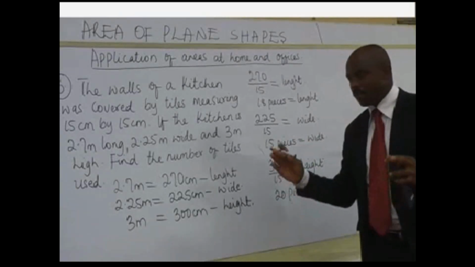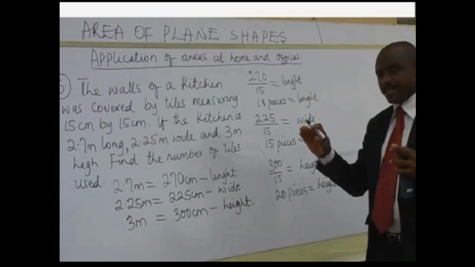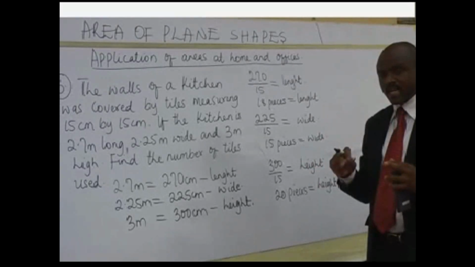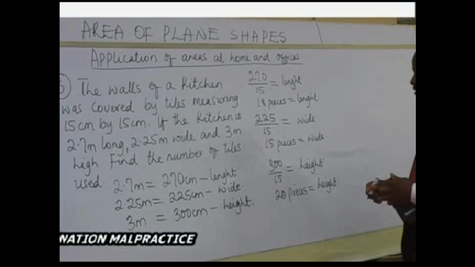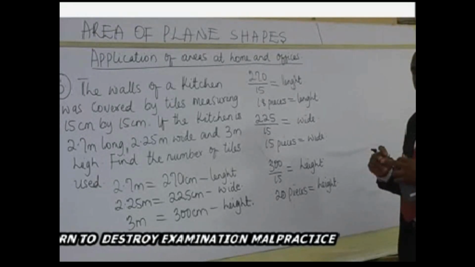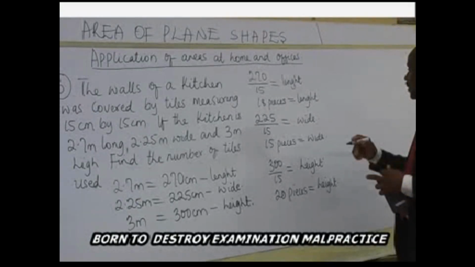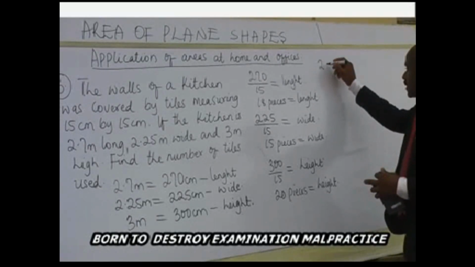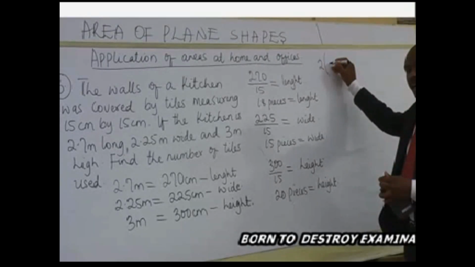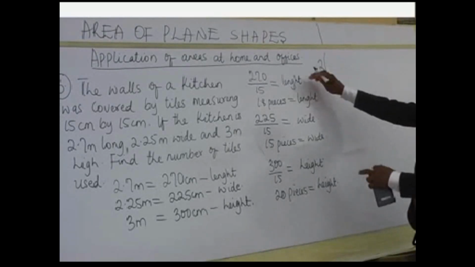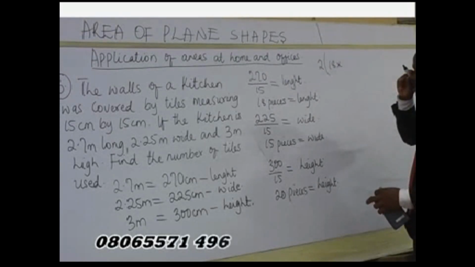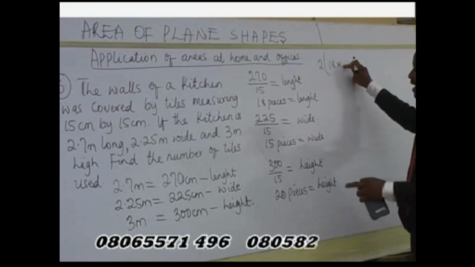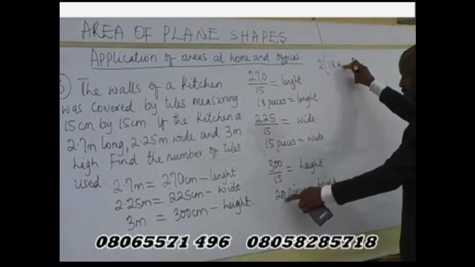In the length of the walls, the height is there. Also in the width of the walls, the height is also there. So that is why, in trying to calculate the number of pieces of tiles that will be required, it is going to be 2 times the number of pieces needed for the length, which is 18, times the number of pieces needed for the height, which is 20.